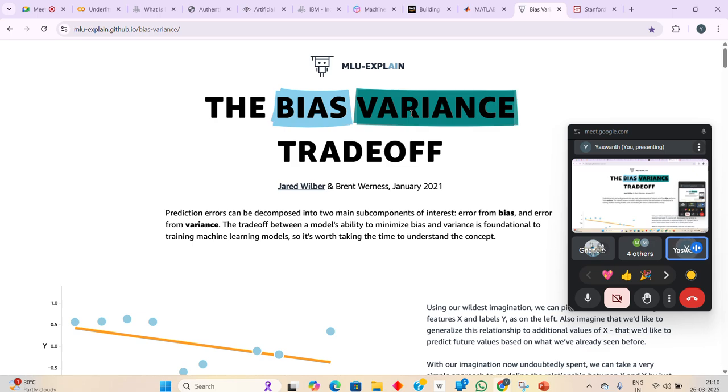But if you fail to apply it in real time, for example, you learned y is equal to mx plus c, where m is equal to 10 and c is equal to 20. If any x value comes, then you simply have to replace those values and answer the y value.